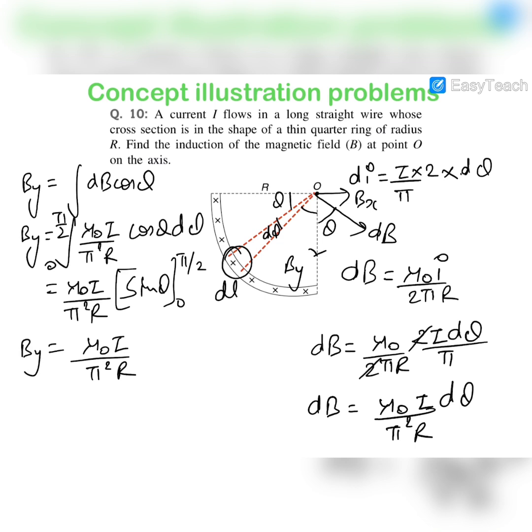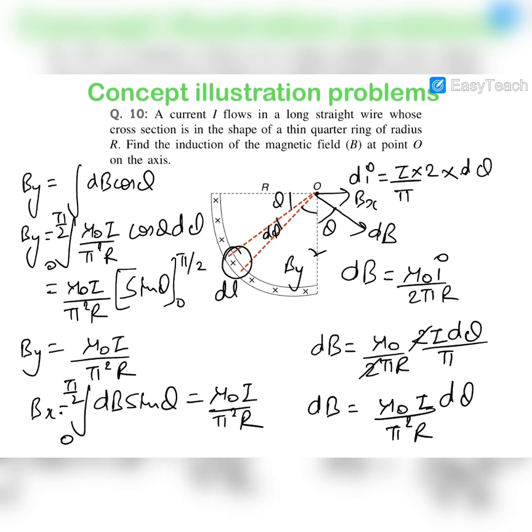So it would be mu naught I by pi square r. This is By. And if we again integrate Bx, Bx will be the integration of dB sin theta, with the limit from 0 to pi by 2. So again the same result would be obtained, mu naught I by pi square r.